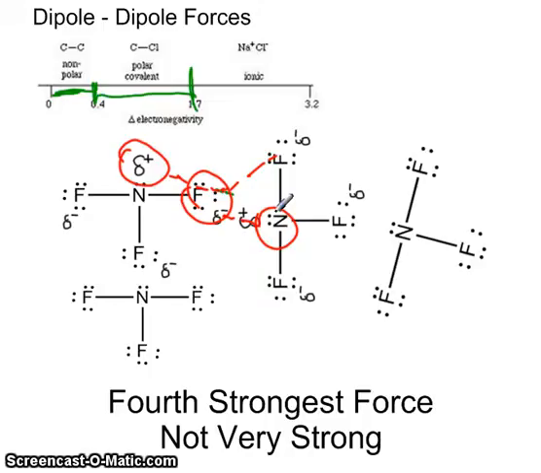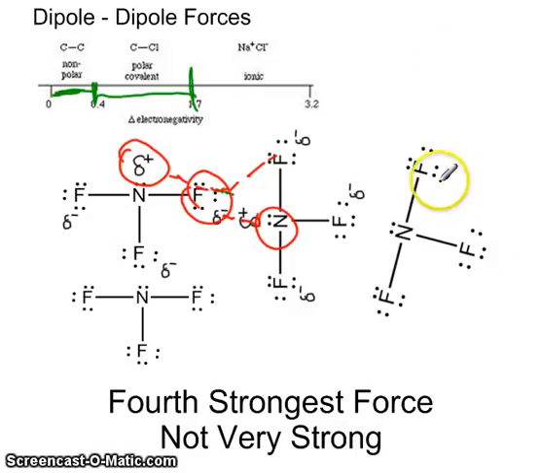So what does this mean? The more polar the molecule is, the more likely it is that the atoms are going to be found closer together, because it's the intermolecular forces that cause them to stick together, and it becomes stronger. And so if you have stronger intermolecular forces, you're going to have higher melting points and higher boiling points.